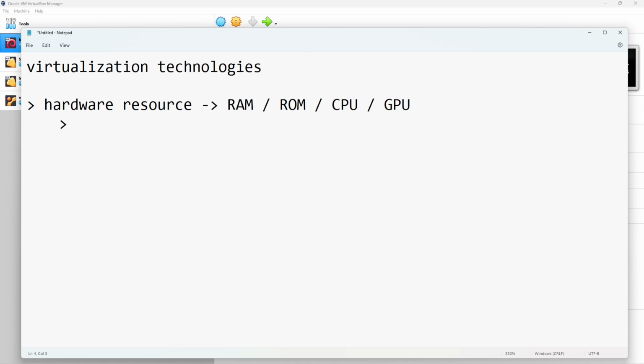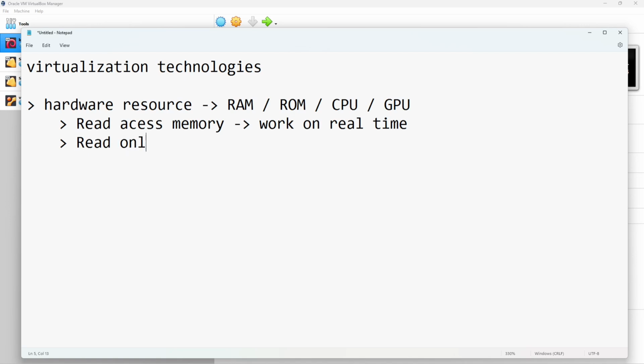RAM is random access memory, which works in real time. ROM is read only memory, which is stored.